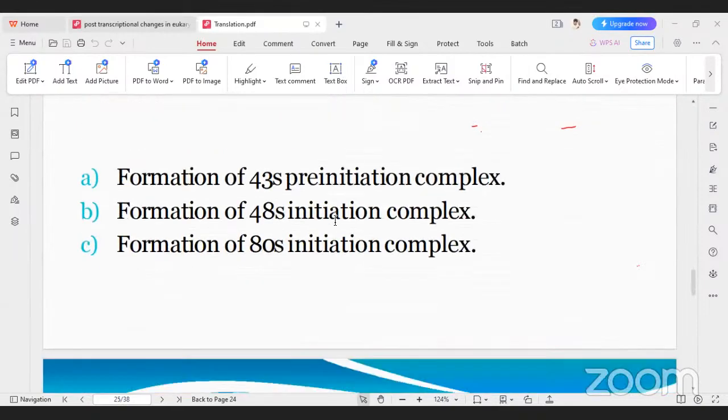Right here, write down: formation of 43S pre-initiation complex, 48S initiation complex, 80S initiation complex.